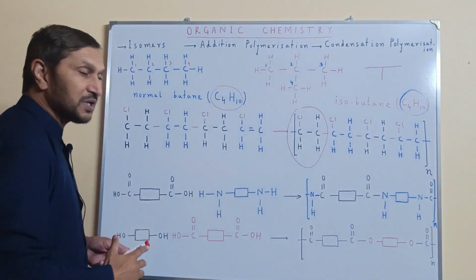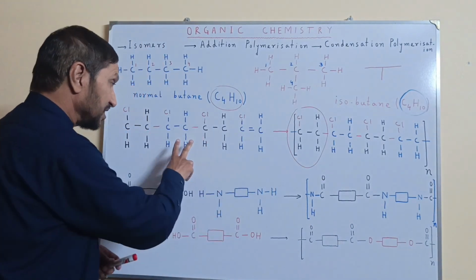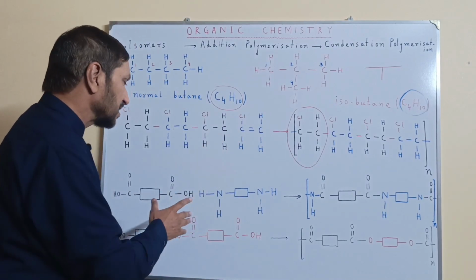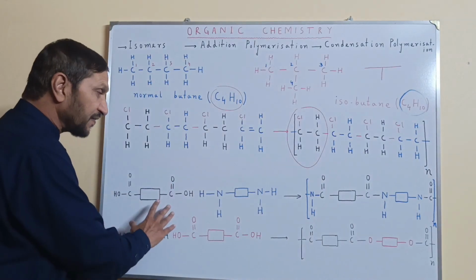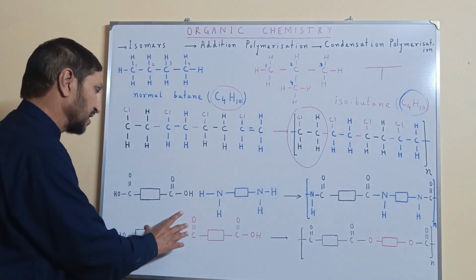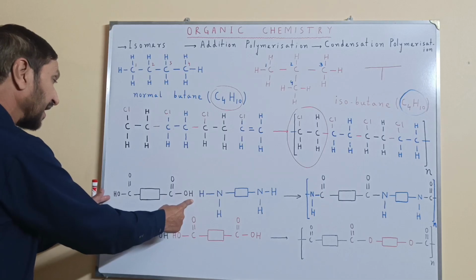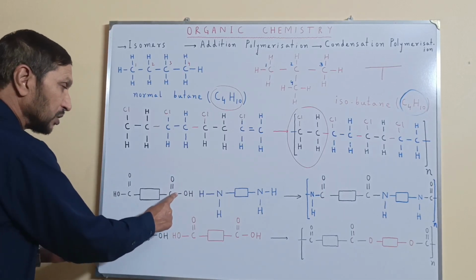during condensation polymerization, two different monomers are used. In addition polymerization, the same type of monomers were used, but in condensation polymerization, two different monomers are used. For example, one type of monomer in this case is dicarboxylic acid, HOOC.